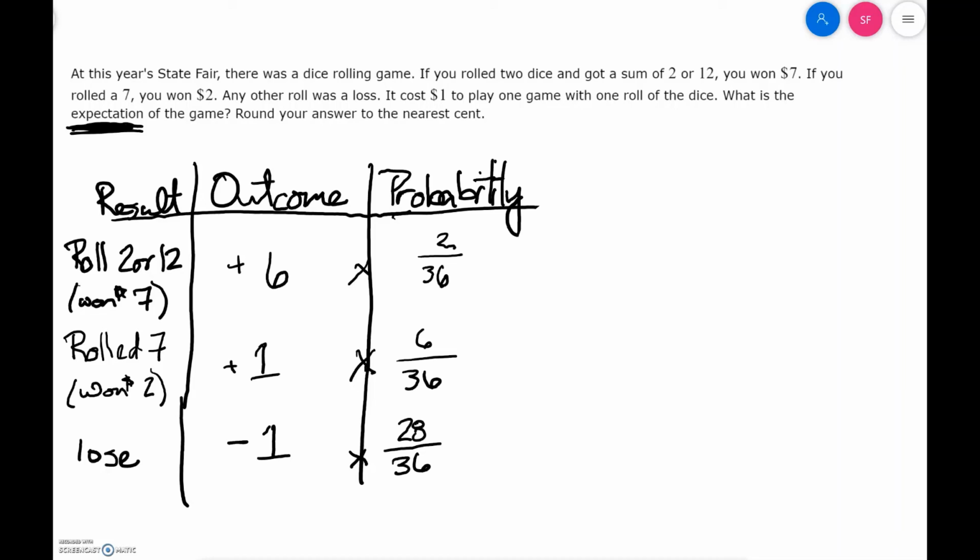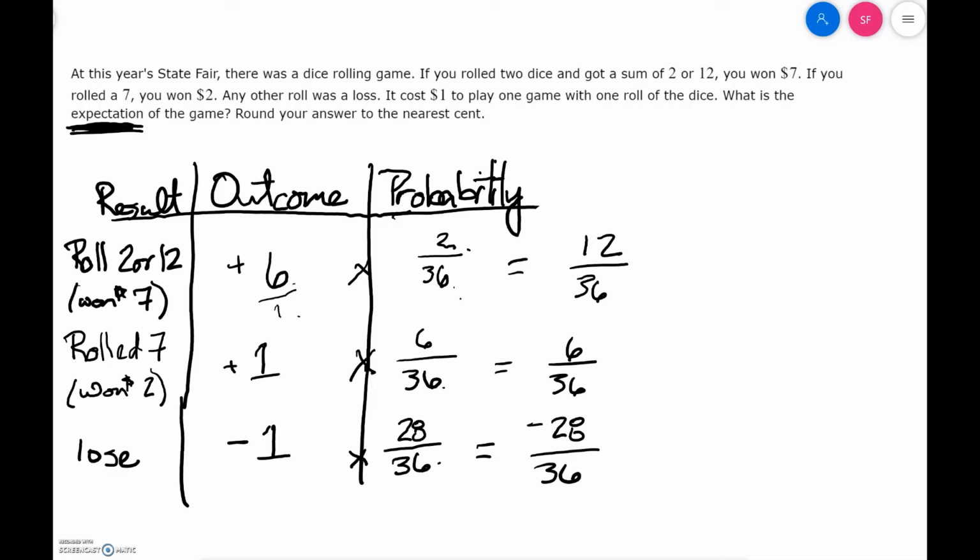I'm going to do it as fractions because we have these common denominators. It'll be just as easy. So remember, multiplying fractions, top times top, bottom times bottom. So if I multiply that, I get 12 over 36. I get 6 over 36. And I get negative, this one's negative, negative 28 over 36.